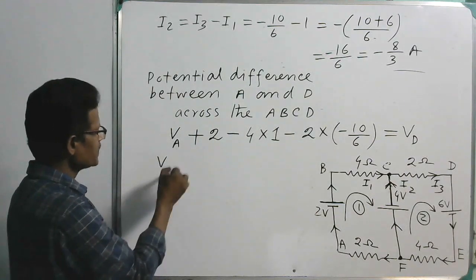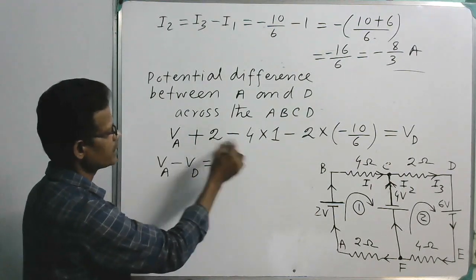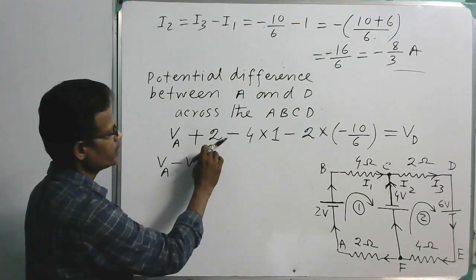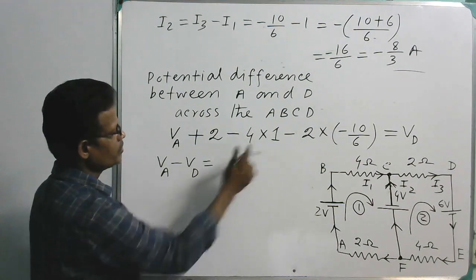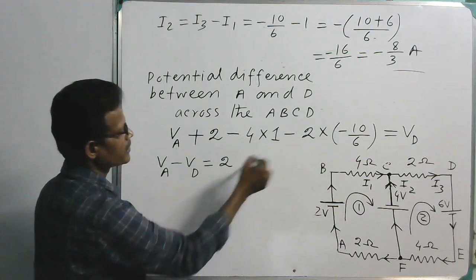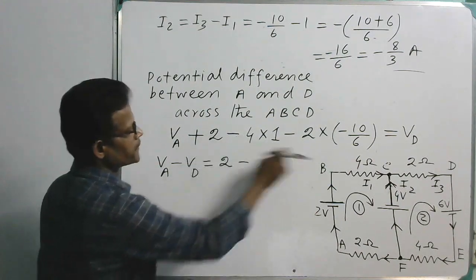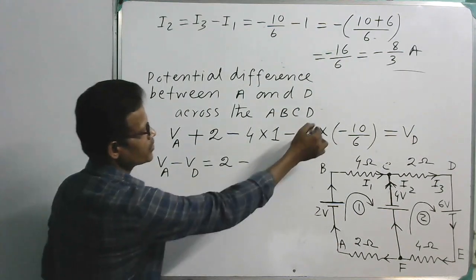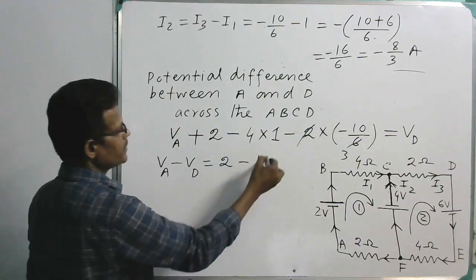So VA minus VD equal to how much? This is 4 minus 4, 2 minus 2, this is plus or minus, so minus 10 by 3.